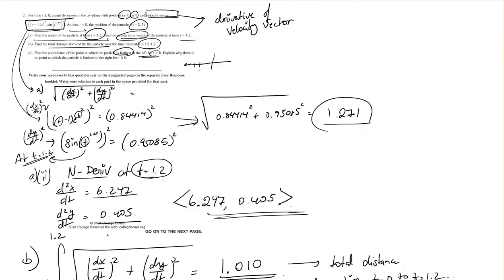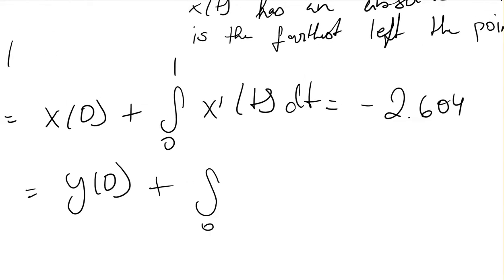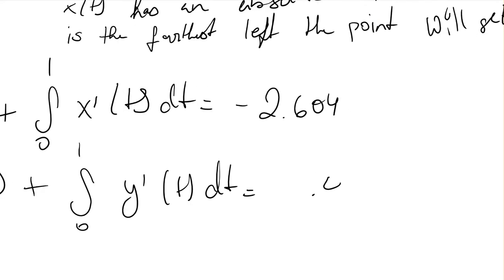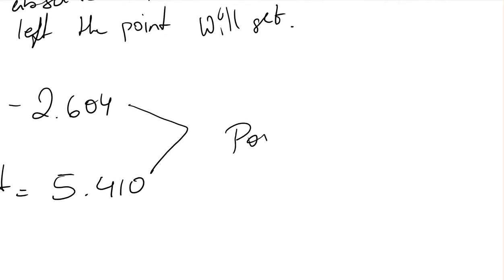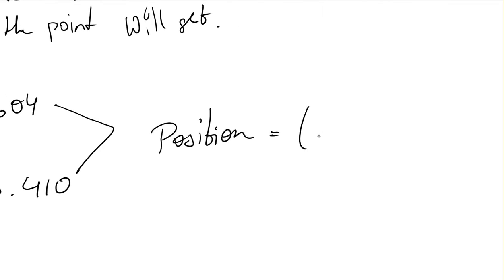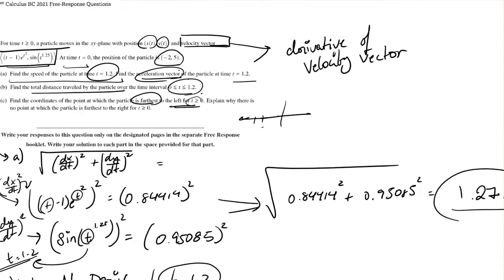So 5 plus the integral from 0 to 1 of y prime of t dt equals 5.410. So the position equals (-2.604, 5.410).